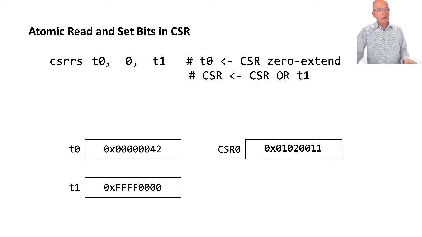Again, if I look at this example, what is going to happen is that I'll make a copy of CSR0 into T0, and at the same time, I'm going to be setting the upper half of the word in CSR0 to 1s, because now every bit in T1 that is 1, the corresponding bit in CSR0 has to become 1. So that value moves, and then the upper bits of the control and status register 0 become all 1.